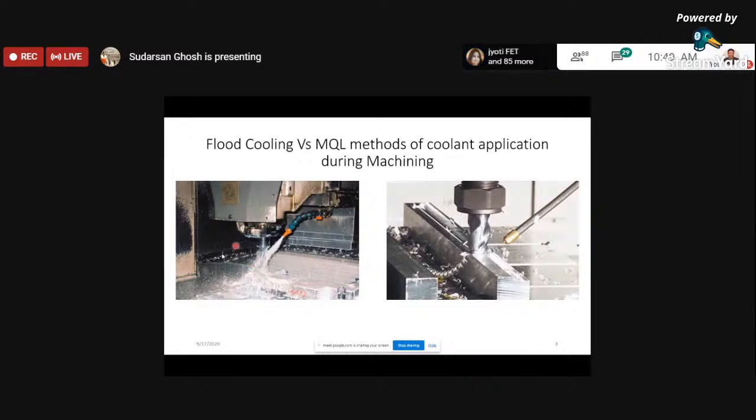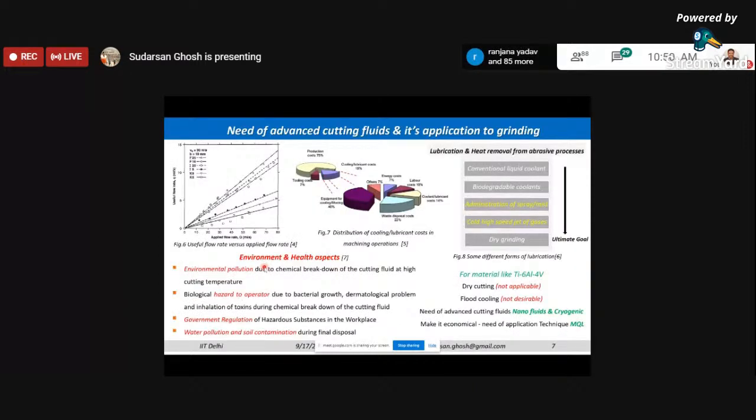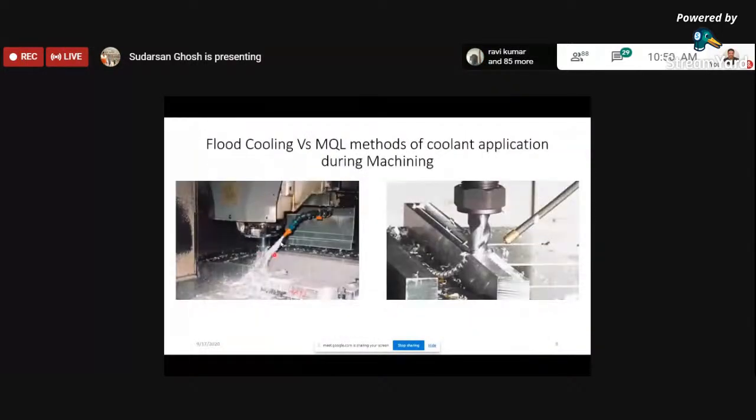On your left hand side, this image is about flood cooling. We call this voluminous usage of cutting fluid the flood cooling mode. As you can see, a lot of fluid is coming up, and in the graph in the previous slide, you can see that out of this large volume of fluid, only a small amount is actually helpful in removing the heat.